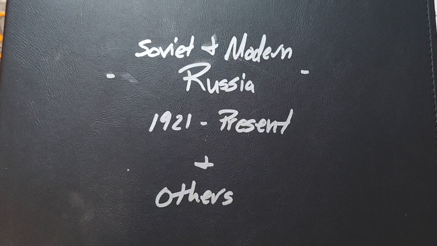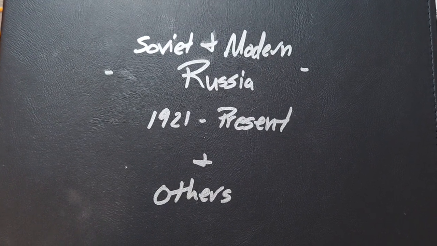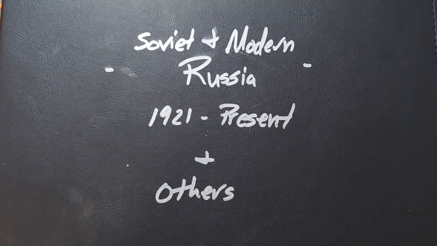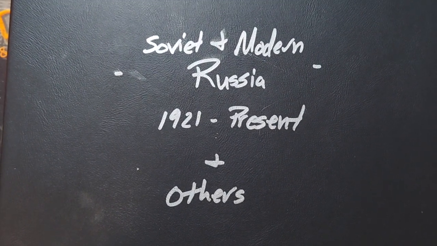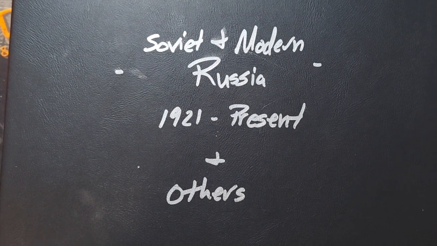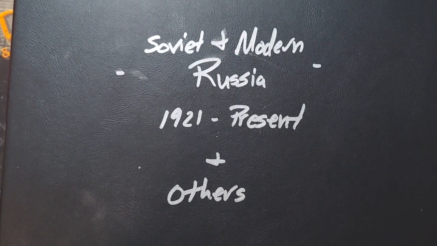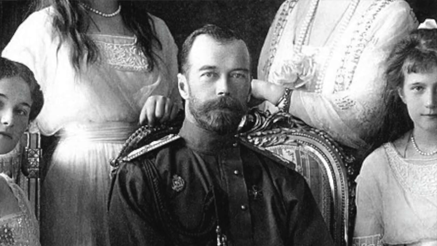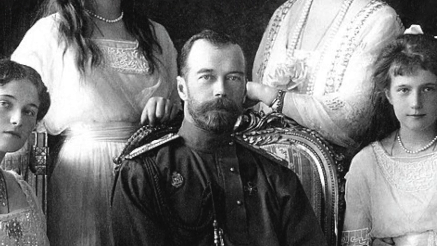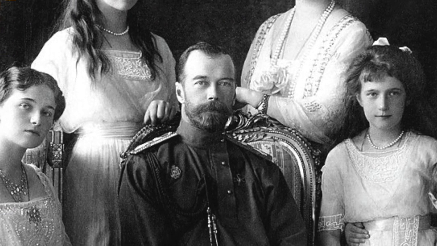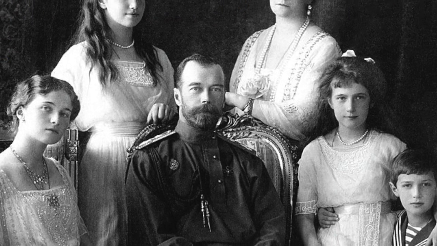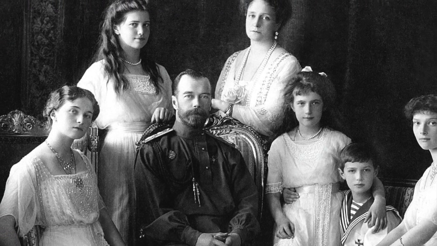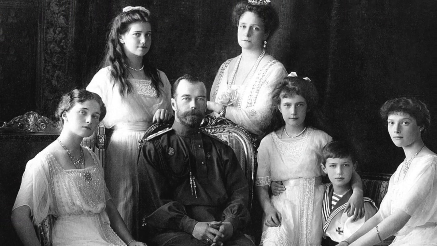So after World War I, Russia started going into turmoil, and the economy started to tank. Then came the Russian Revolution of 1917, and Nicholas II, who was a grandson of Queen Victoria, was forced to abdicate, and pretty much the fall of the Romanov Empire.